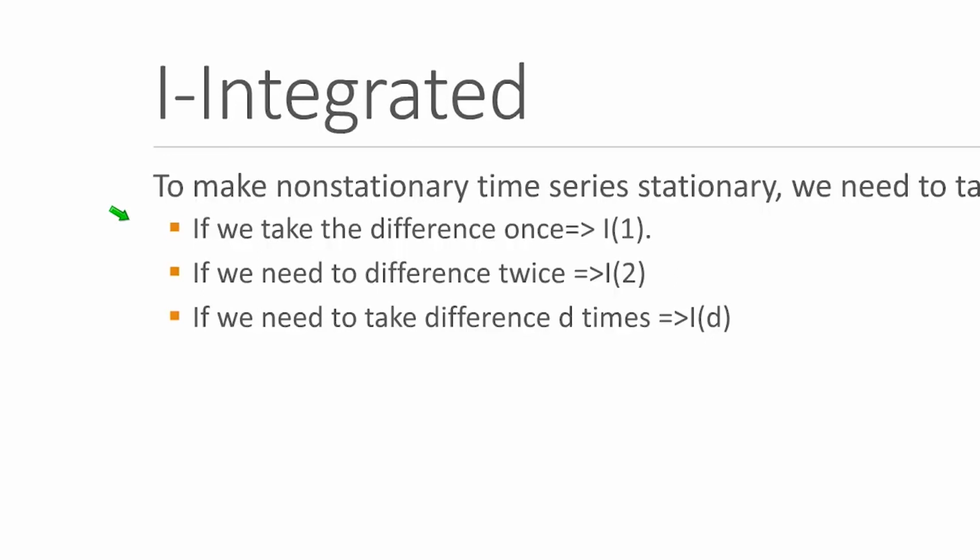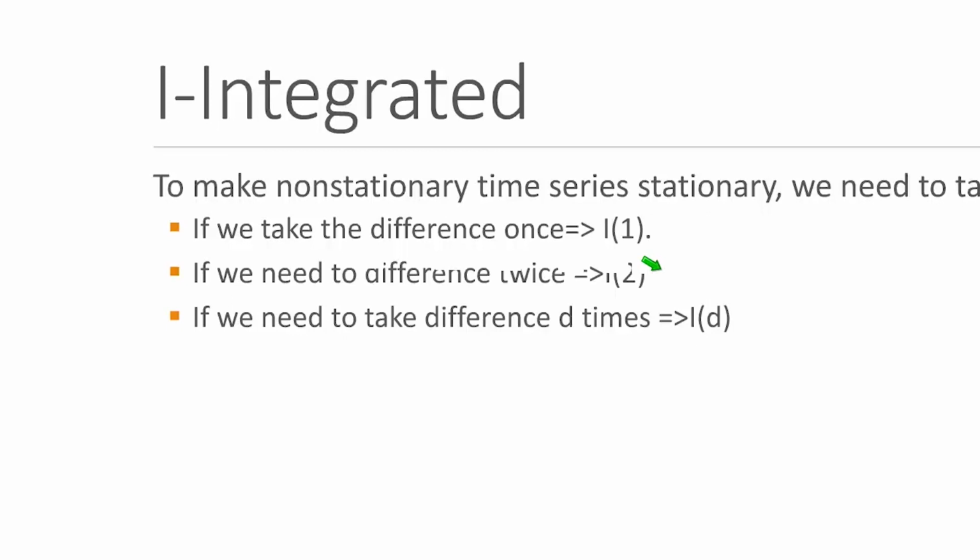Now, sometimes the first difference does not work. We have to take the difference again. So take the difference of the difference, and that will make the data stationary. Then we call that I2, integrated 2, meaning that we differenced the data twice to make it stationary.